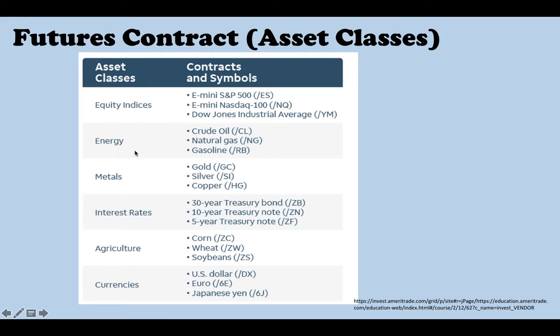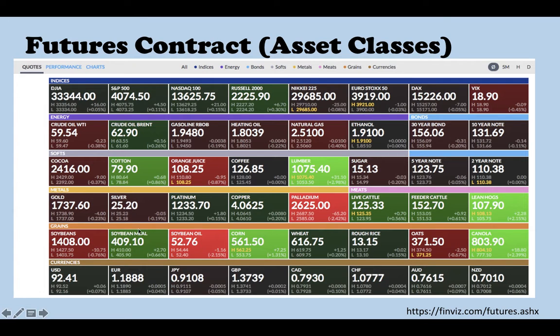Then you have energy, metal, interest rate, agriculture, and currency. You can go to the website every day to see these indexes, the energies, and softs. You can have cocoa, cotton, orange juice, coffee. So all of these things.